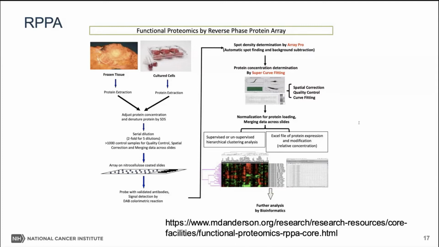Actually, in this kind of array, different samples are plotted onto the slide, and the slides are flushed by solutions of antibodies. So that's why I call it reverse phase, because it's done differently. It does also have controls, but the main purpose of this is to derive expression of proteins or modified proteins, for example, like phosphorylated protein, in the sample.